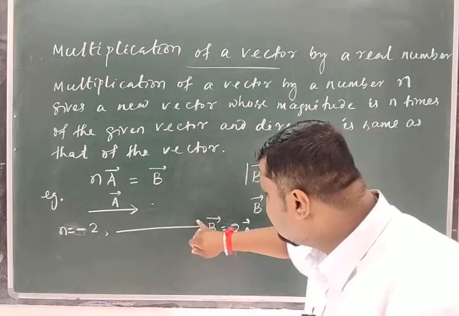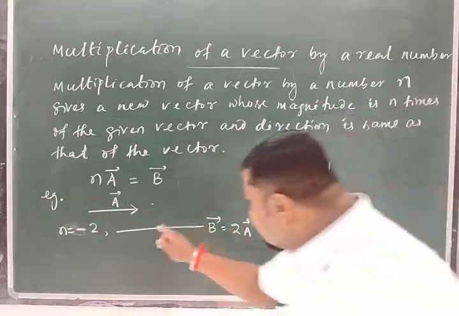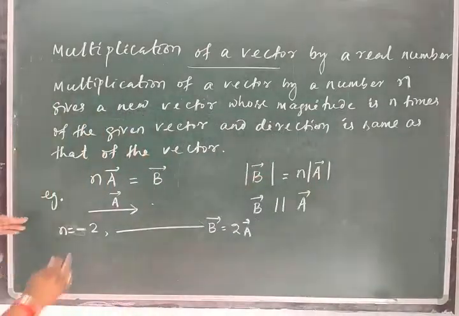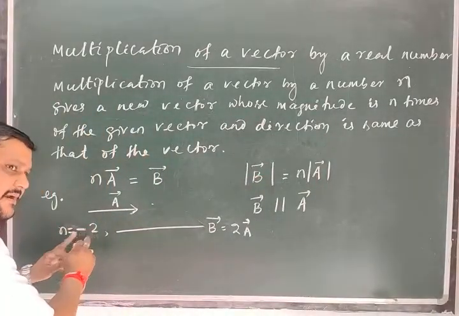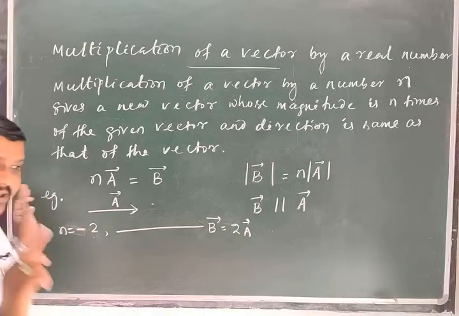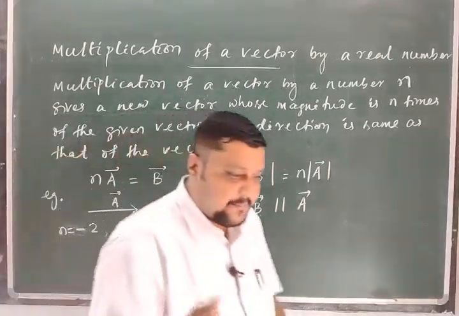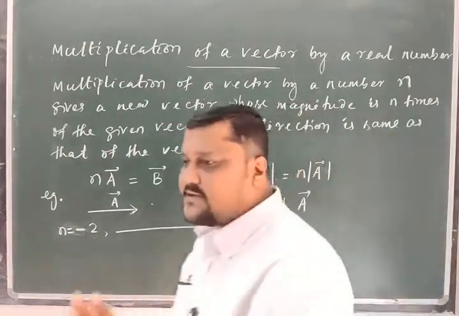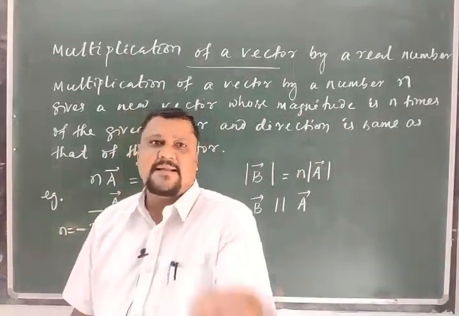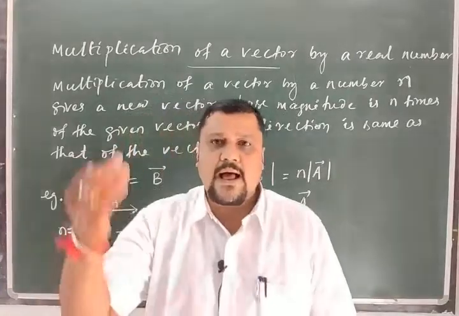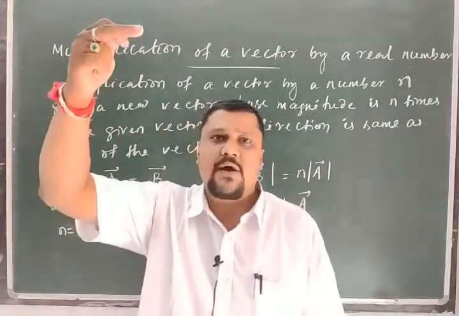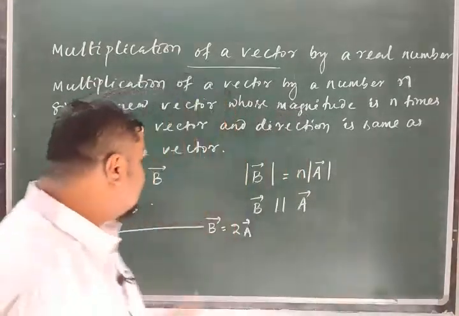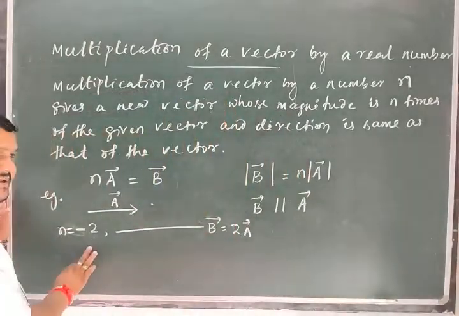So n equal to minus 2 gives the new vector B. Its magnitude is 2 times, but the negative sign gives you the direction. In vector notation, the plus or minus sign is because of the direction only. If plus is towards the left, making the vector minus will make it go to the right. Or if north is plus, then south will be taken as minus. That is the meaning of plus and minus in a vector.